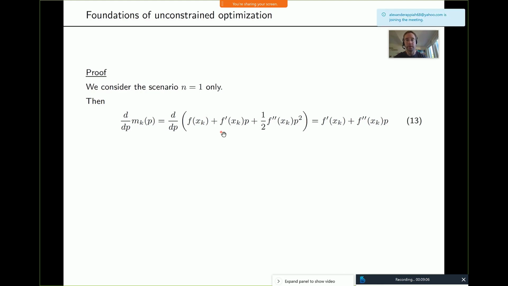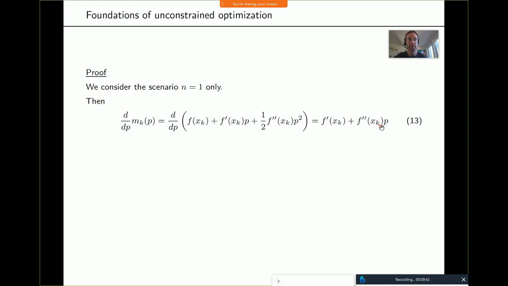So if we compute the derivative of this model function m_k with respect to p, then of course here nothing happens, and here we have a product, so the f prime remains, so that's this thing, and here we compute the derivative with respect to p, so we get 2 times 1/2 f double prime of x_k times p, which is just f double prime of x_k times p.